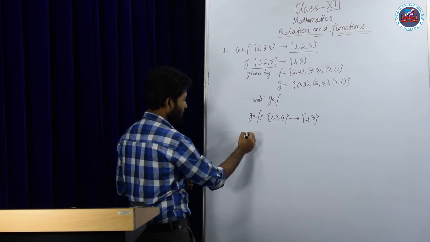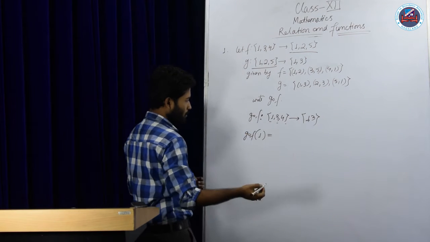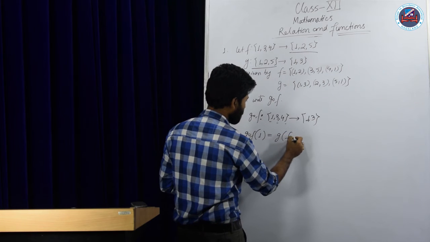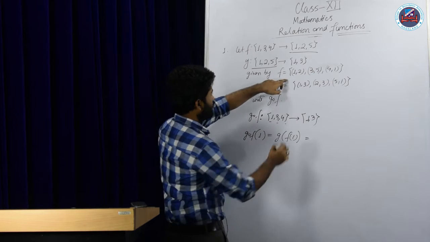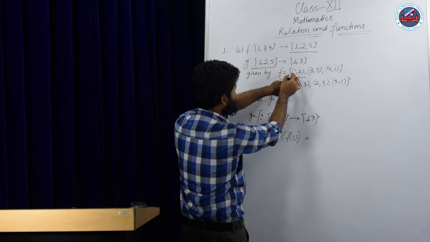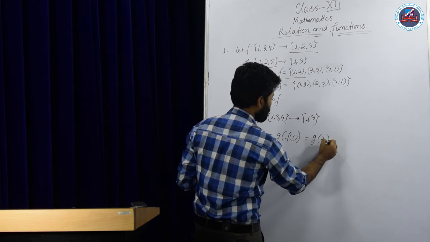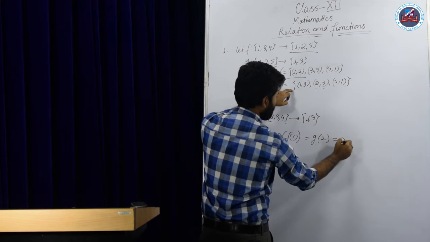At first let us see what will be g of f of 1. By our definition we can write g of f of 1. What is f of 1? Here we can see for f of 1 we have 2. So this will be g of 2, and for g of 2 we have 3.